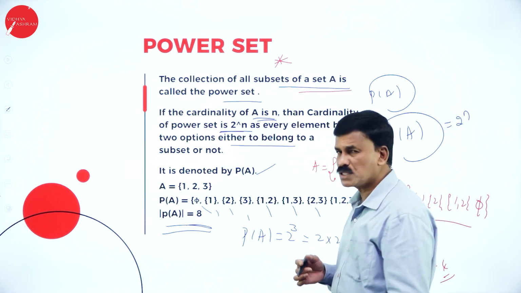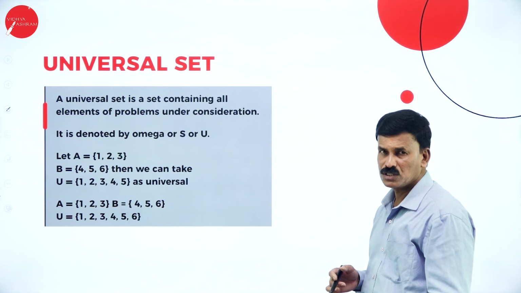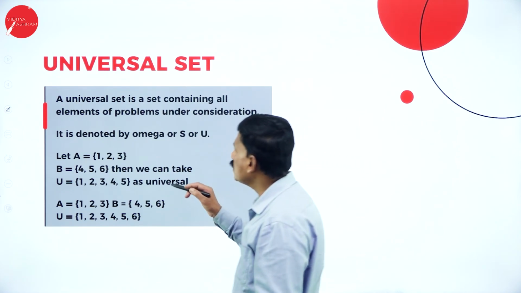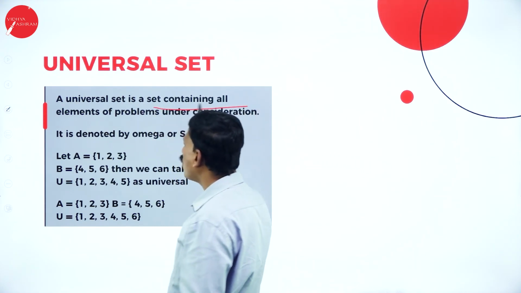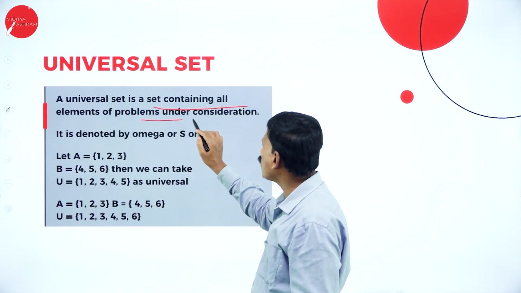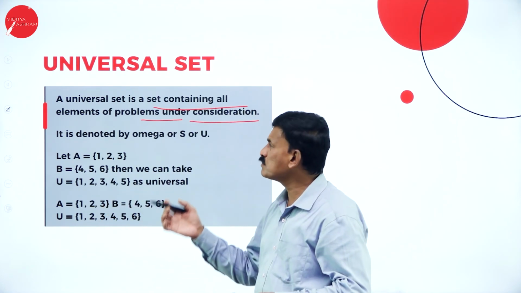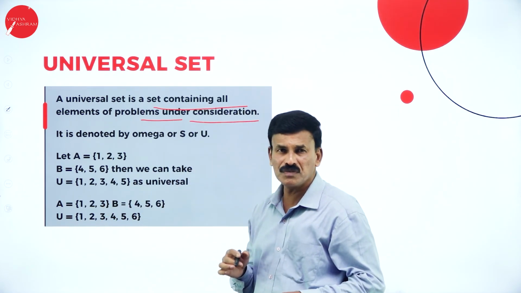Now, let us come to the next important concept, that is the universal set. The universal set is a collection of all the elements of the problem under consideration. The union of all the sets comes under the universal set.